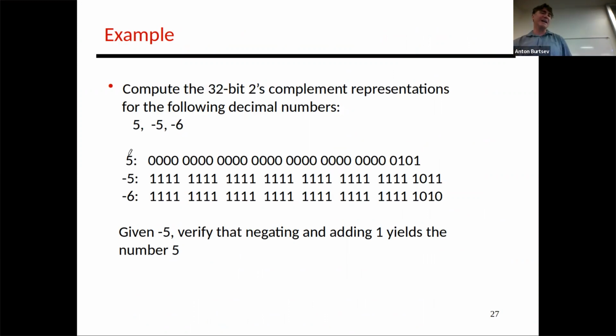So again, 5. Remember our basis. This is 1 multiplied by 1, plus 2 multiplied by 0, because this is 0, plus 4 multiplied by 1. So you get 5 because it's 4 plus 1 equals 5. What you do for minus 5 is again flip all zeros into ones and ones into zeros and add 1.